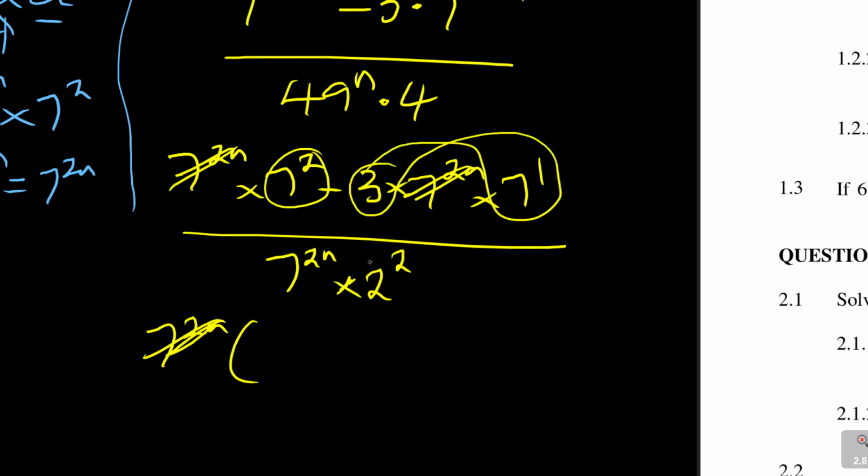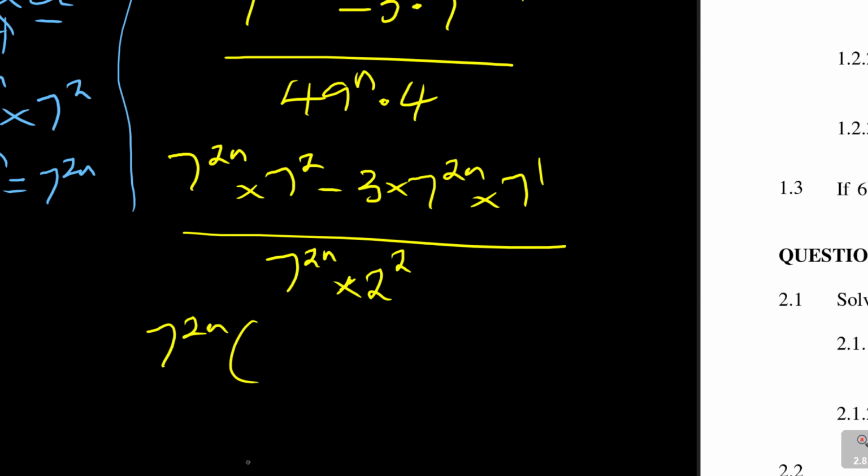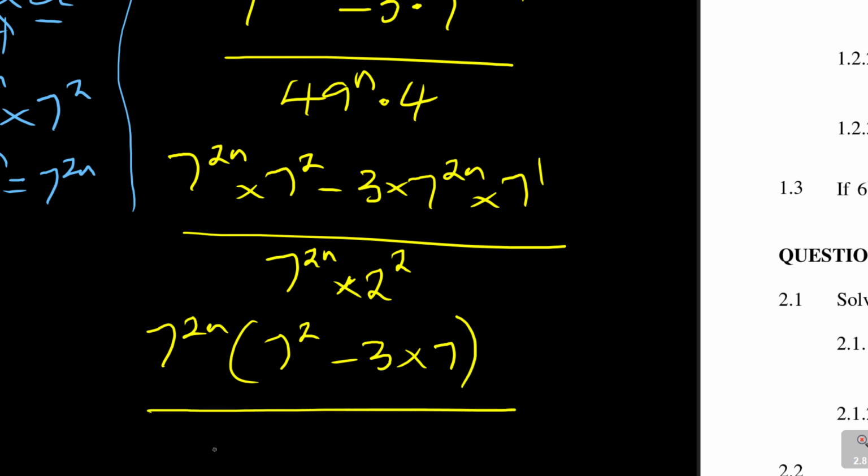You are cancelling out things when you are dividing. So here you'll be left with 7 squared minus 3 times 7 at the top, over 7 to the n times 2 squared.